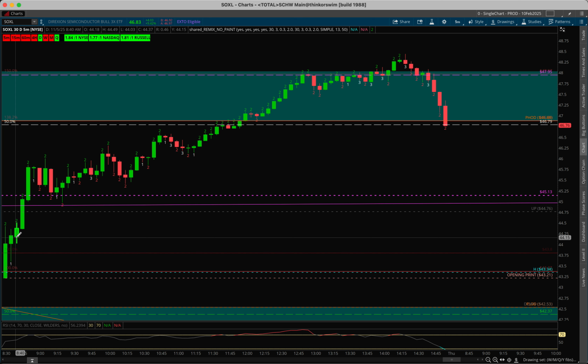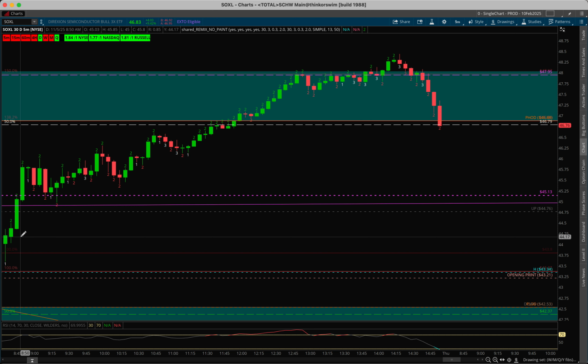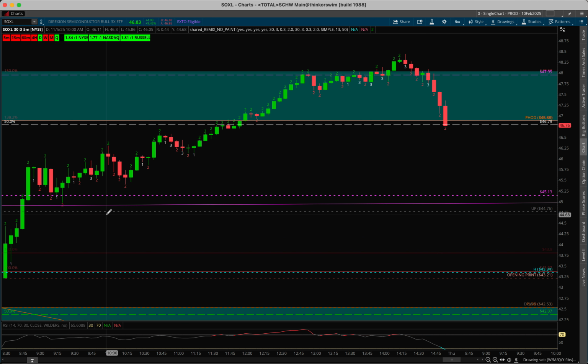Now we knew, or we didn't know, but we figured, based off of a couple of things, the amount of drawdown we had yesterday. AMD had earnings, Micron had earnings, and they actually reported pretty well, even though price did go down in after hours again. I think that was mostly attributed to the Asian markets.